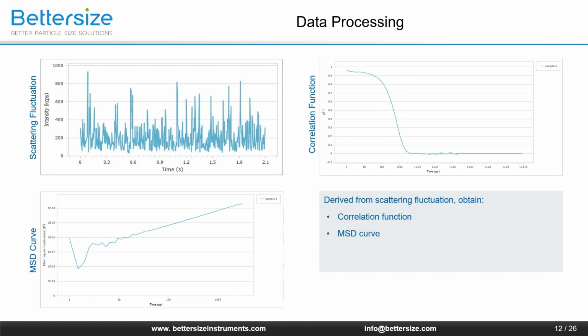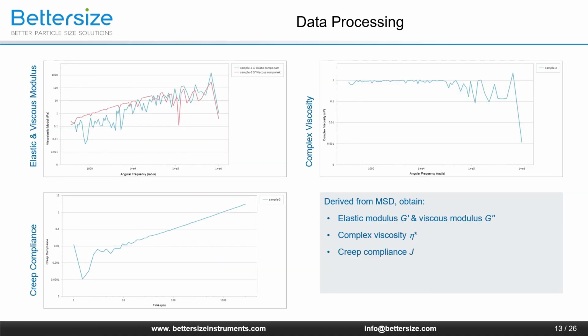The DLS microrheology measures the scattering fluctuations. Then the correlation function and the MSD curve are derived from the scattering fluctuations. And from the MSD curve, we can obtain the rheological information such as elastic modulus G' and viscous modulus G'', complex viscosity eta*, and creep compliance J.